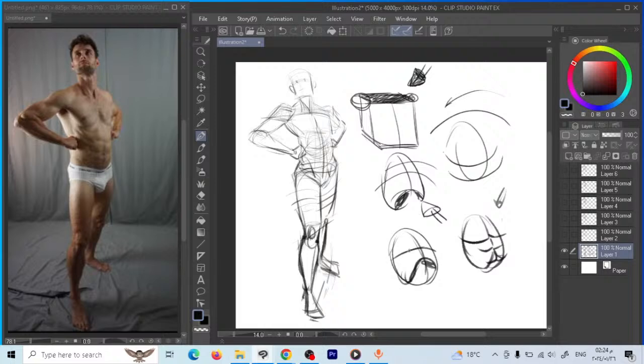If I'm going to see it from down below, the chest is going to be like this, wrapping like this, and also the pecs are going to wrap like this. So if you're having a hard time trying to know what you're actually looking at, trying to analyze the pose and so on, you can actually follow those curves.